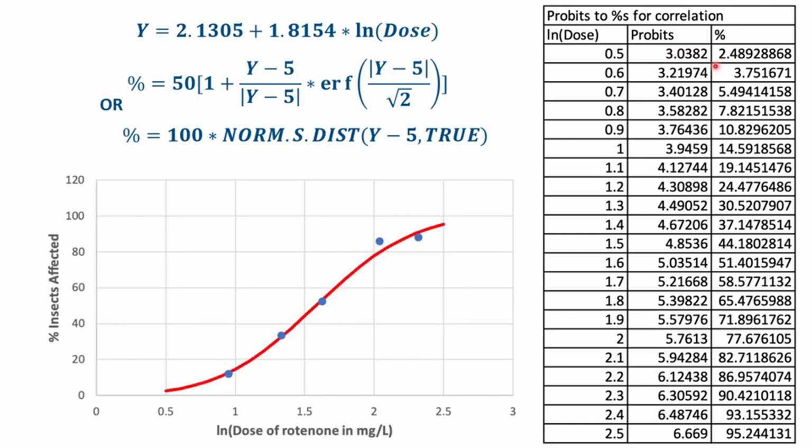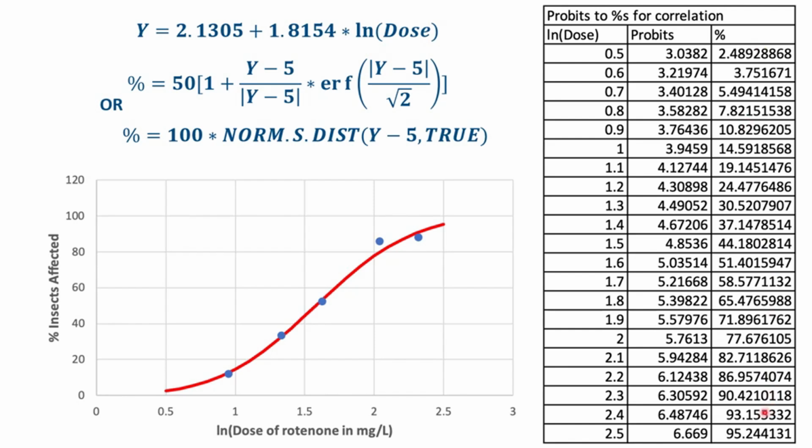So plotting these things, first in blue, these blue dots are our original data points, where now I'm plotting the natural log of the dose of rotenone by the percentage affected. In red here, this is the trend line where the linear fit for natural log of dose to probits has been converted to natural log of dose, that's this column, and percentage, this column here.